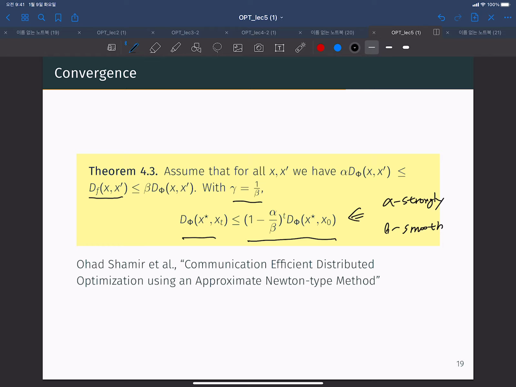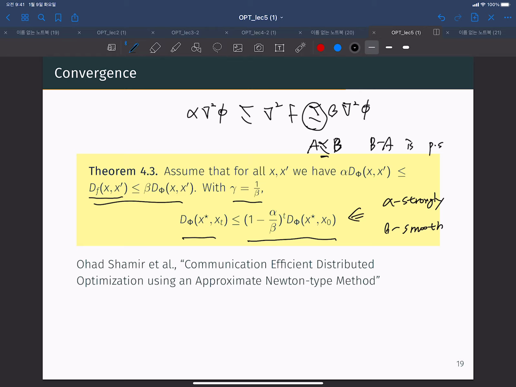Indeed, this condition means the Hessian of function f is upper bounded by beta times the Hessian of pi function and lower bounded by alpha times the Hessian of pi function. Here this notation means that when matrix A is less than or equal to matrix B, B minus A is positive semi-definite.